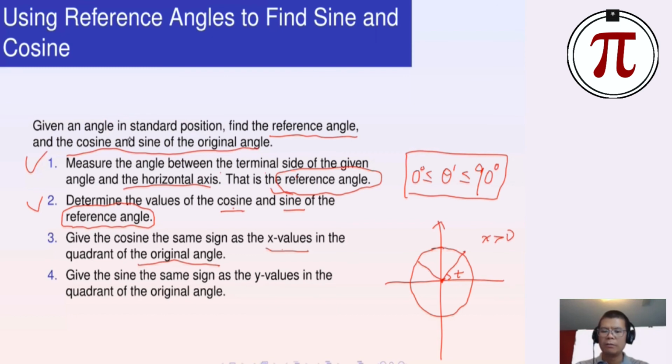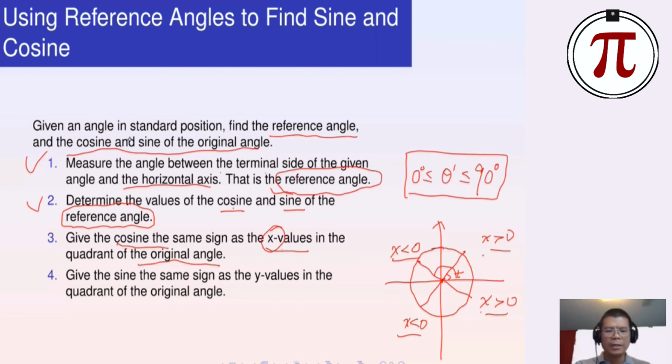If it is in the second quadrant, then x is negative. In the third one it is also negative, and in the fourth one, x is positive. This is for the cosine, because cosine is the same as the x values. So cosine is positive in quadrants 1 and 4, and in quadrants 2 and 3, cosine is negative.